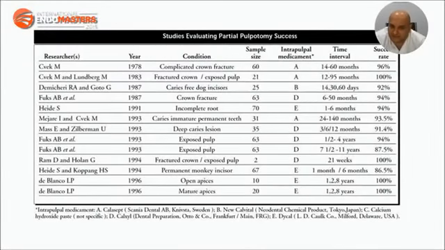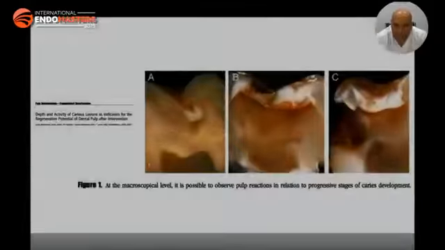Even older studies evaluating partial pulpotomy success rates from 78 to 96 report high success rates: 96, 100%, 92%, 94, 100%, 86.5% success rate of the partial pulpotomy treatment approach.